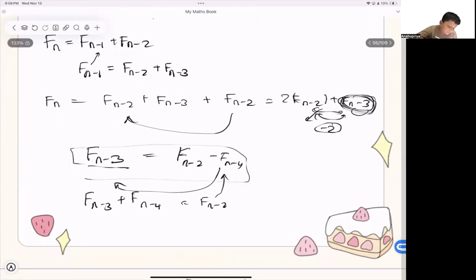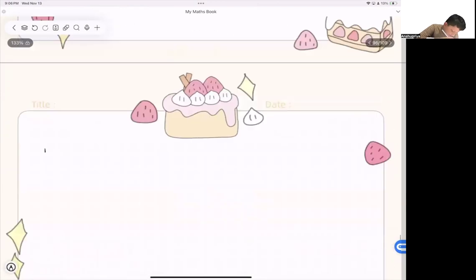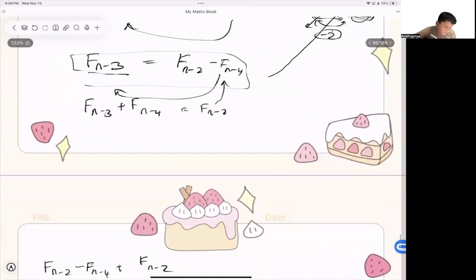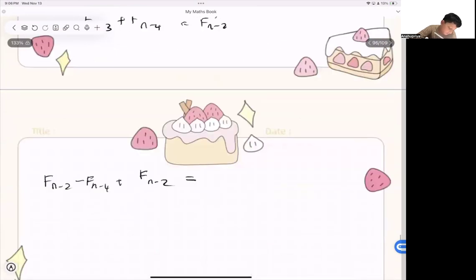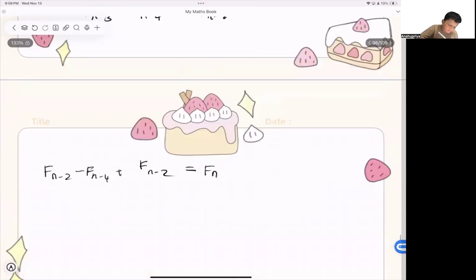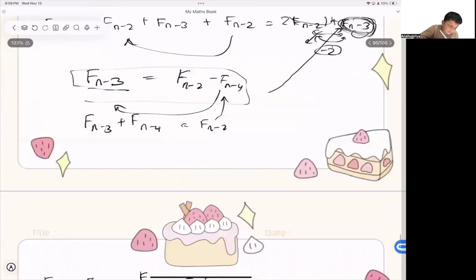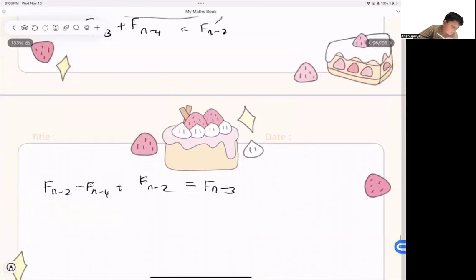I have this. So can I put this inside here? What will I get? Fn minus 2 plus Fn minus 2 minus Fn minus 4 plus Fn minus 2. What is this? This is Fn equal to the sum, so can I put this here in this term?